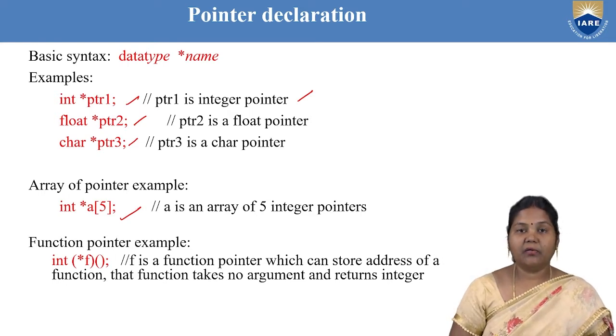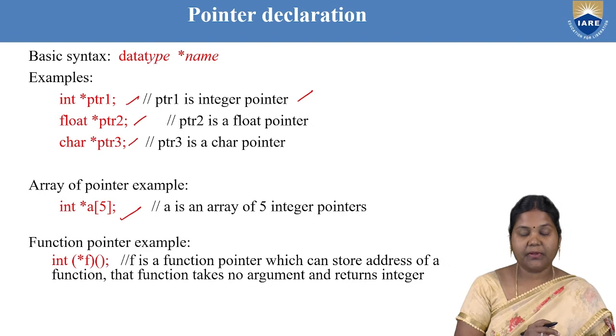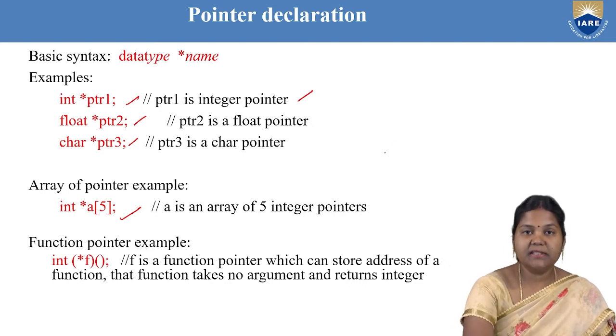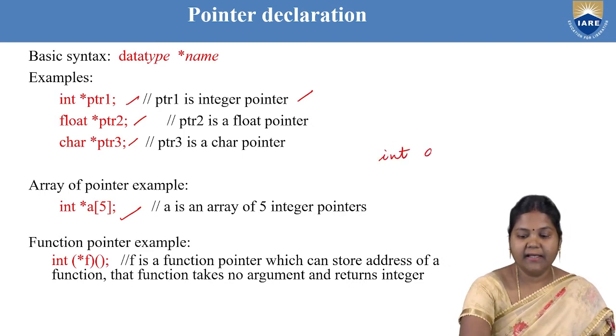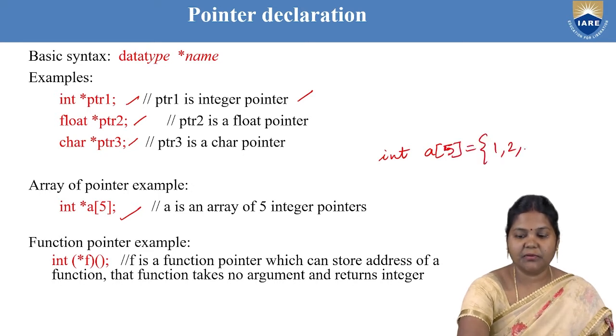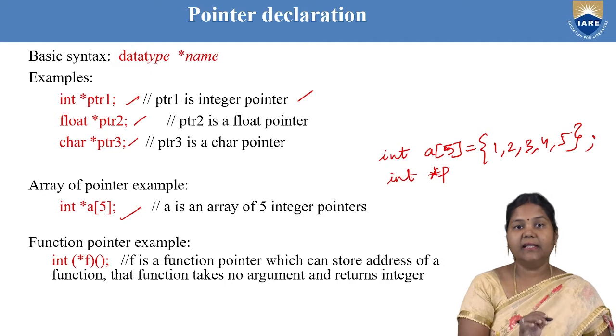So it is an array of 5 integer pointers. Otherwise, suppose you just declare an integer array a of 5, which contains some values 1, 2, 3, 4, 5 like this, and you want to store its address. So you can declare an integer pointer because the array is an integer array here.